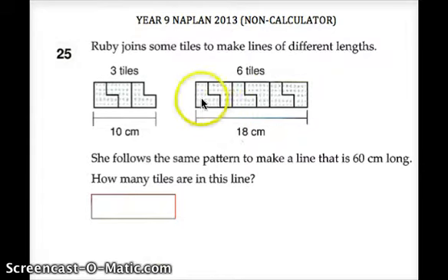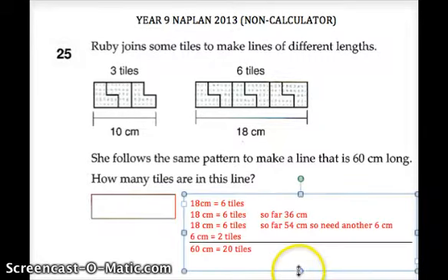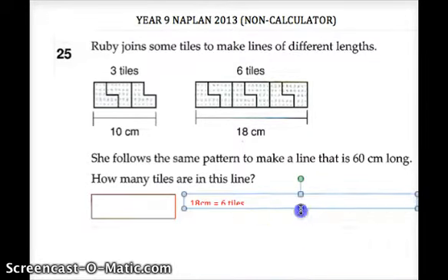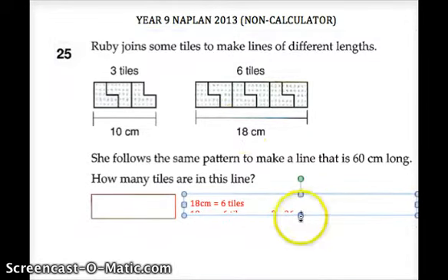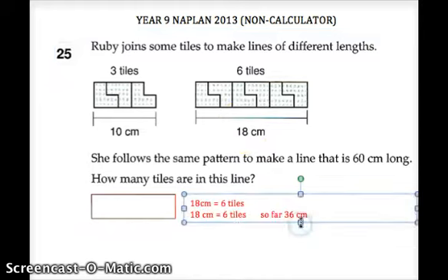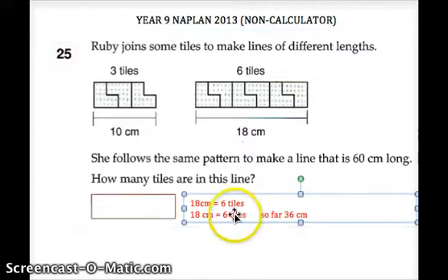Now let's work with this 18 centimetres first. So 18 centimetres we know is 6 tiles, okay? Then let's add another 18 centimetres because we're trying to get 60 centimetres. So 18 centimetres is 6 tiles. Another 18 centimetres, say, added on here would be another 6 tiles.